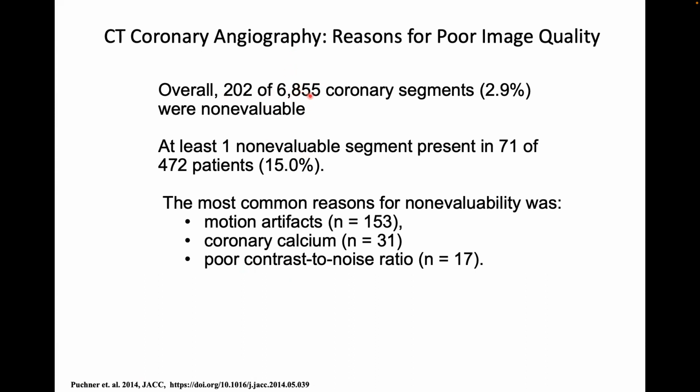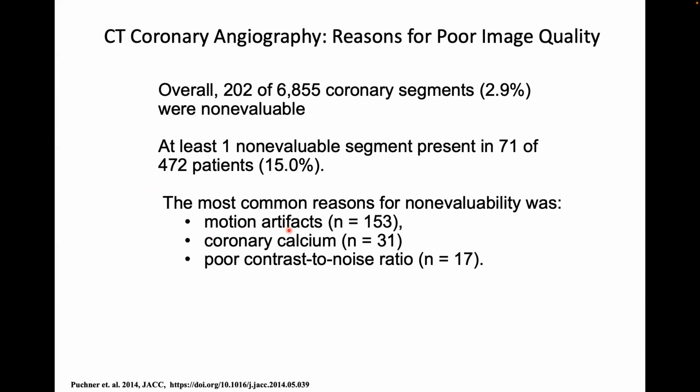There's 200 out of 7,000. But in 71 of the patients, 15%, they had at least one segment that was not evaluable. Perhaps there were other lesions in that patient, so it didn't matter. But motion artifacts were the primary cause of this problem.